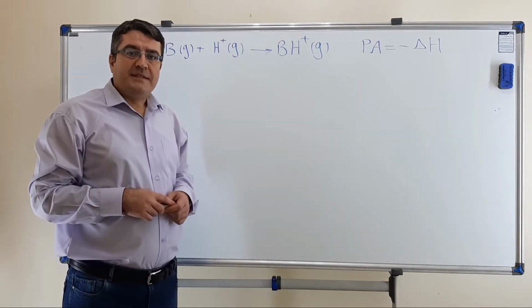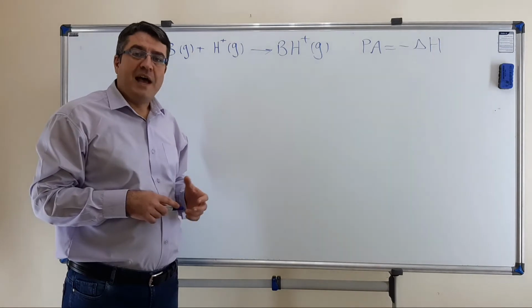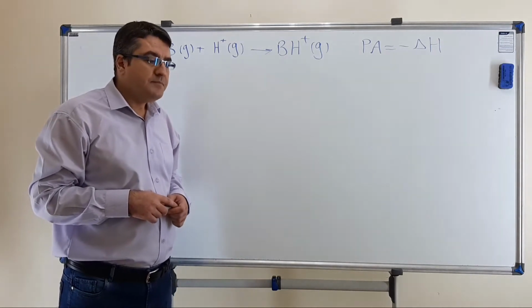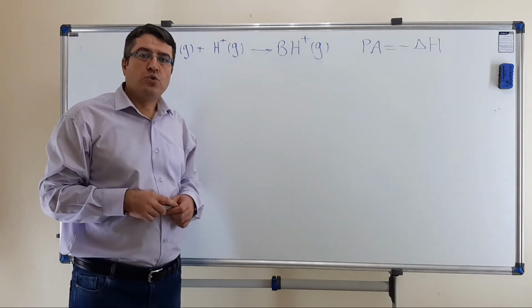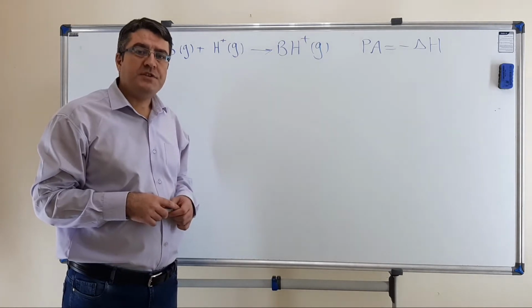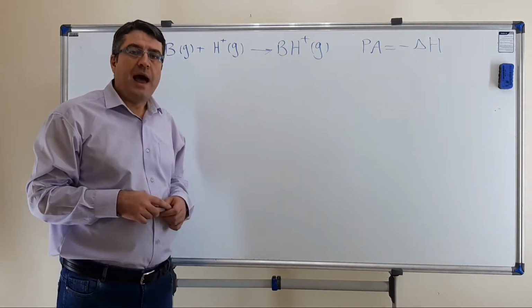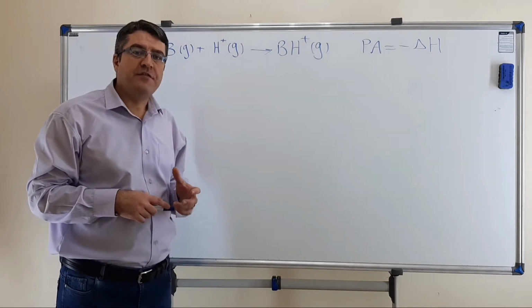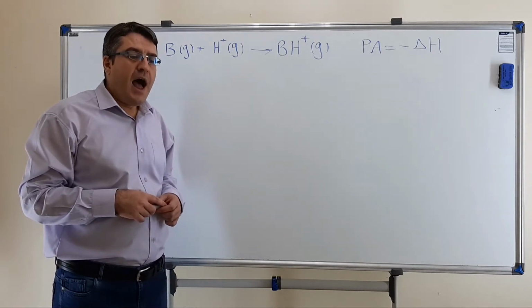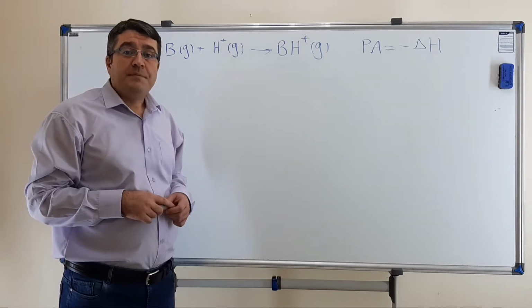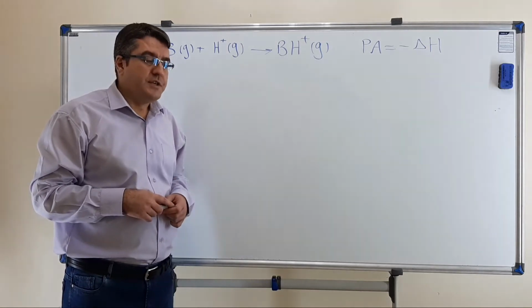Based on acid-base theories, especially the Usanovich acid-base theory, acids are donors of positive species or acceptors of negative species. On the other hand, bases are donors of negative species or acceptors of positive species.